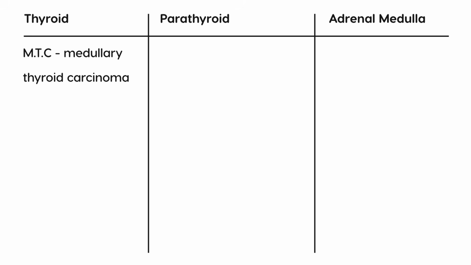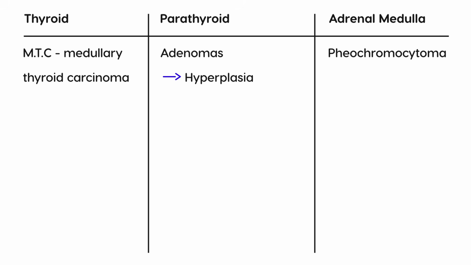So remember that. In the parathyroid, the tumors involved are adenomas, and these lead to parathyroid hyperplasia, which is when the number of cells increases. And finally, the adrenal medulla produces a very specific type of tumor with an interesting name, pheochromocytoma. I'll go into a little detail about each of these.